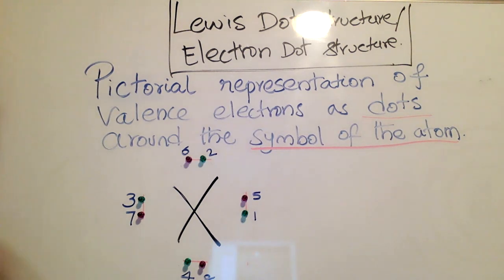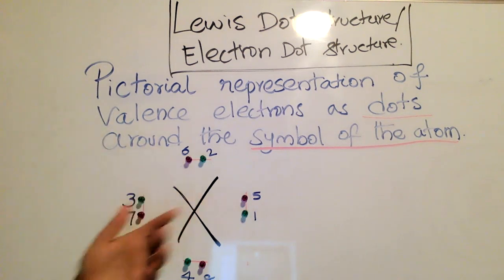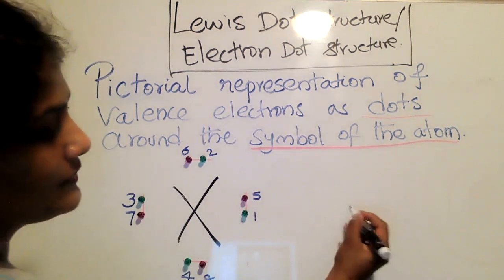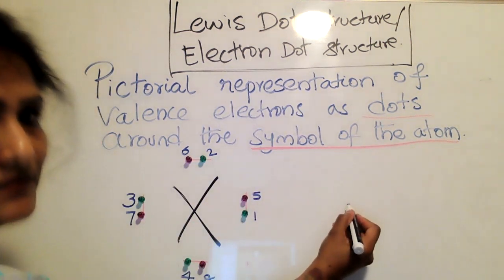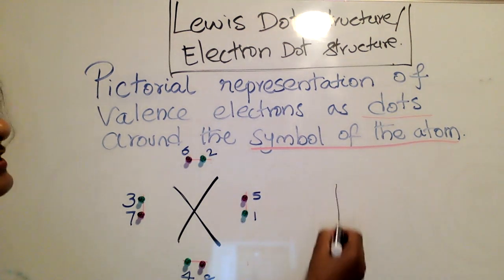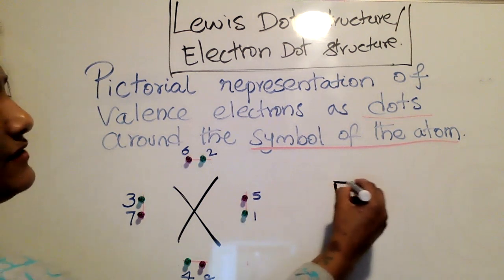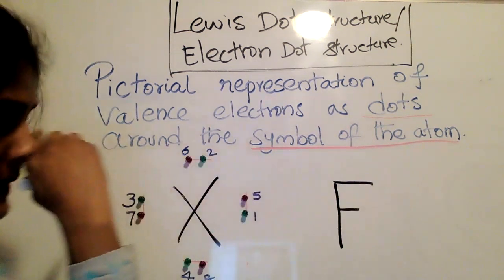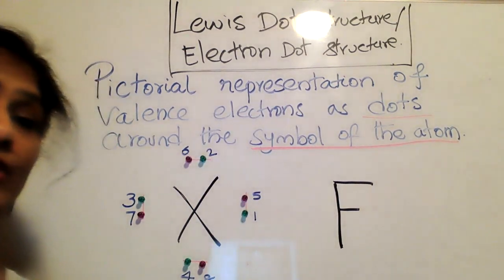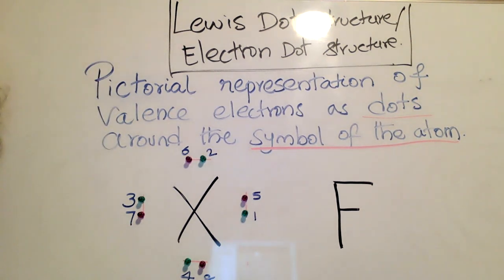Okay, so now I'm going to take a couple of examples. We talked about the fluorine atom and the aluminum atom when we discussed valence electrons, so I will do the same thing. First, the fluorine atom. The symbol for fluorine is F. Look at your periodic table and tell me how many valence electrons there are for fluorine.